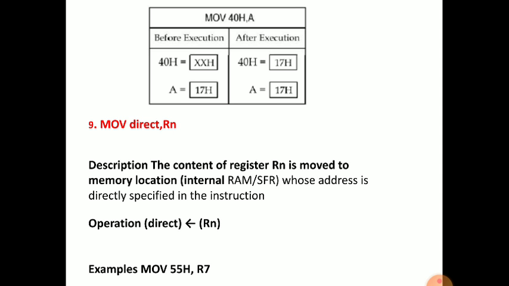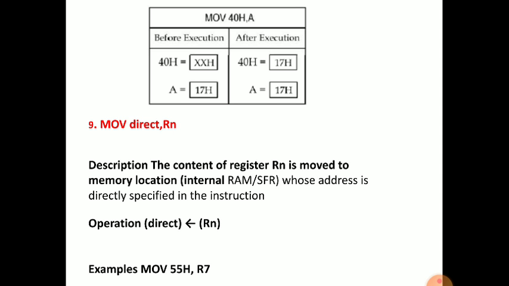If you see the same example, MOV 40H, A, before execution let us assume 40H, the destination, has some random data, XXH, and A, the accumulator, has some data, that is 17H. You can change this 17 to any 8-bit data. So after execution, what happens?